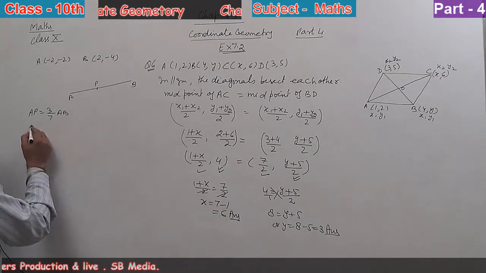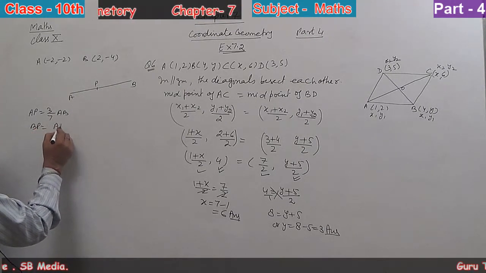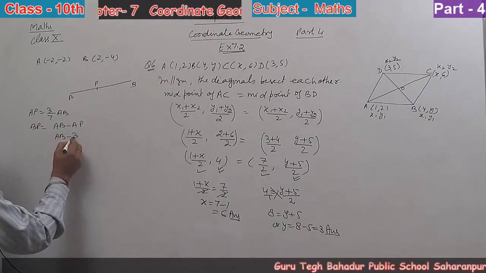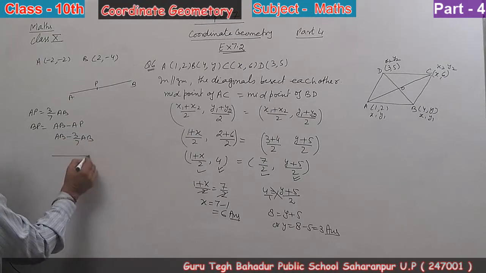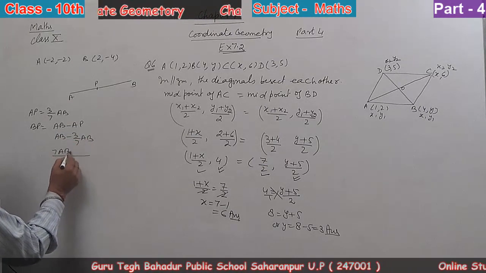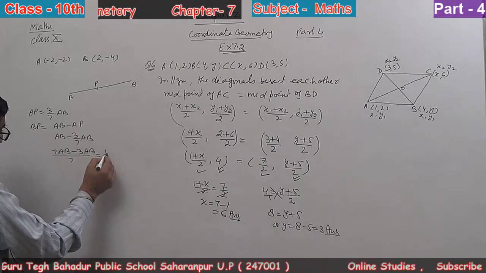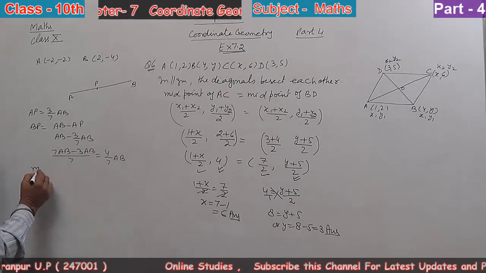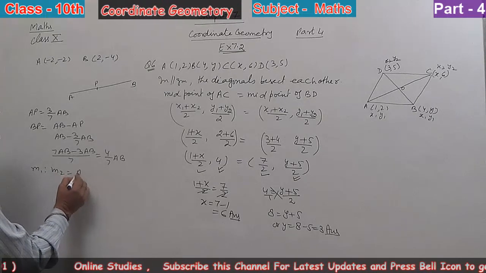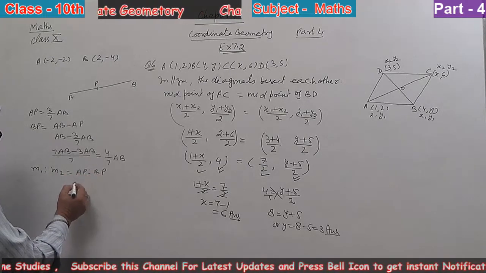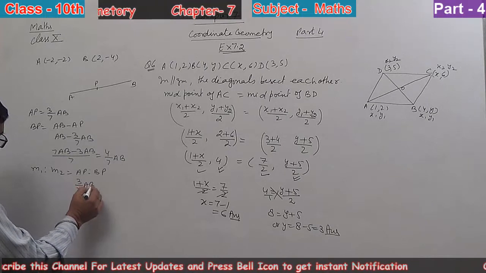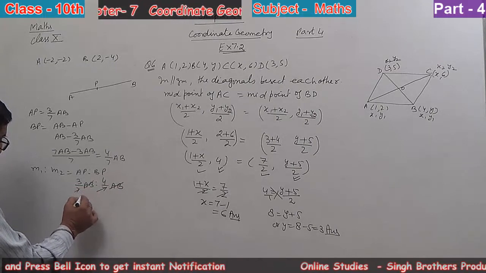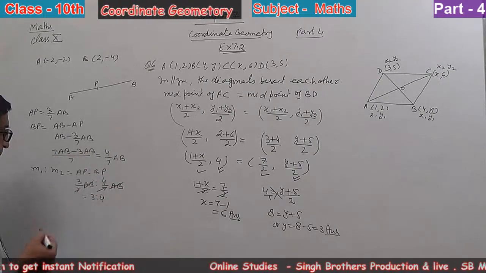So, BP will be AB minus AP, AB minus 3 upon 7 AB. 7 is the LCM, 7 AB minus 3 AB, that is 4 upon 7 AB. So, m1 ratio m2 is AP ratio BP, 3 upon 7 AB ratio 4 upon 7 AB. AB cancel, 7 7 cancel, 3 ratio 4.